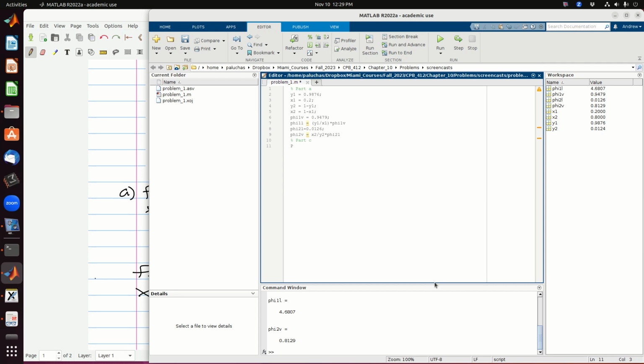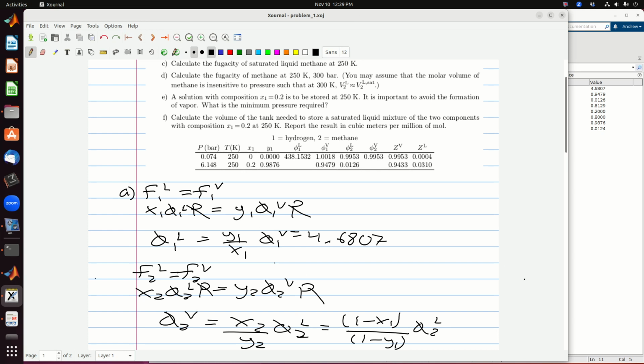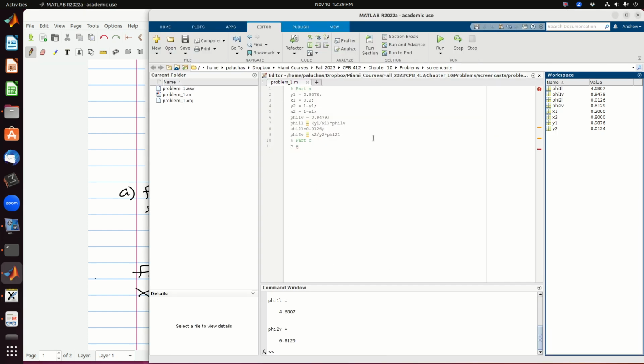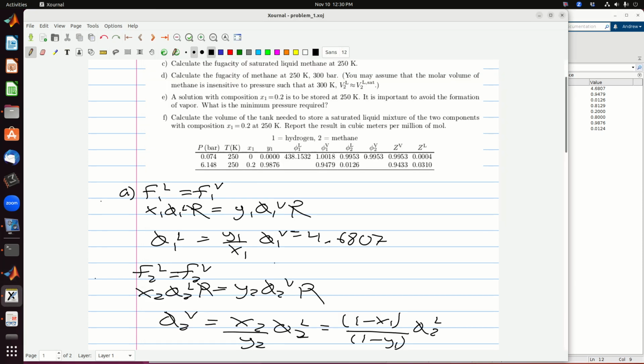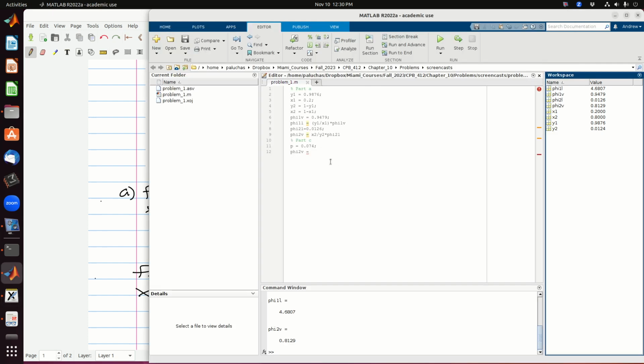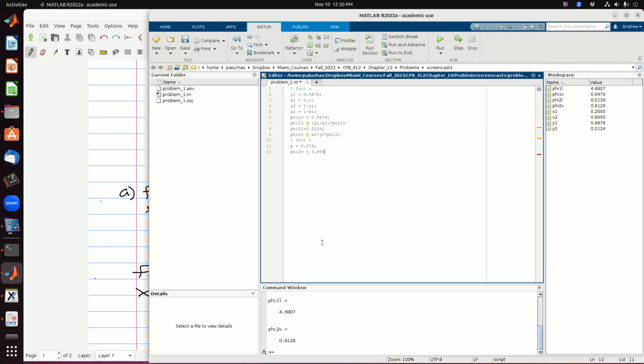So my pressure is equal to 0.074 bars. And then my phi, I'll just do phi2 vapor. Remember, phi2 vapor is the same as phi2 liquid, which is 0.9953. Okay, cool.